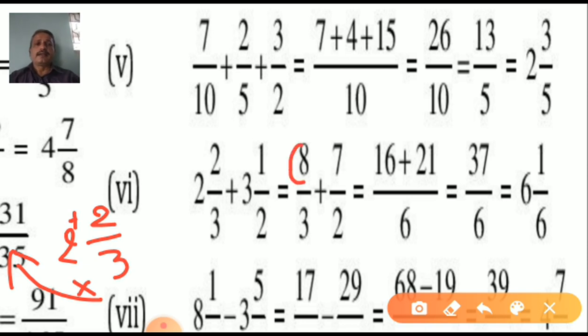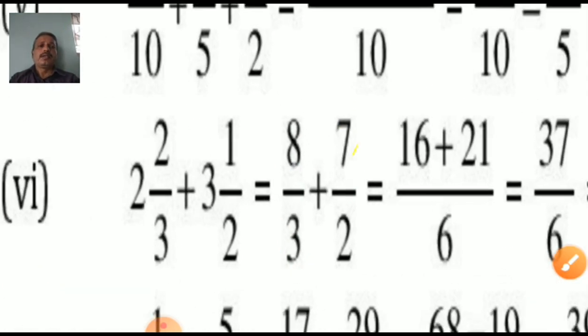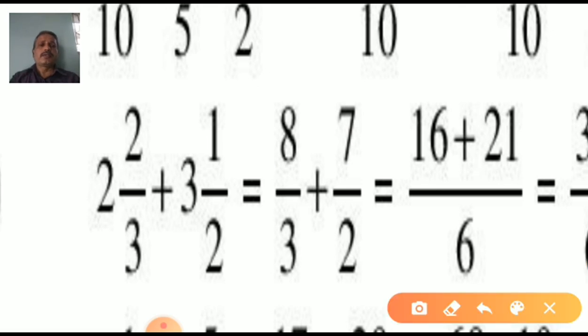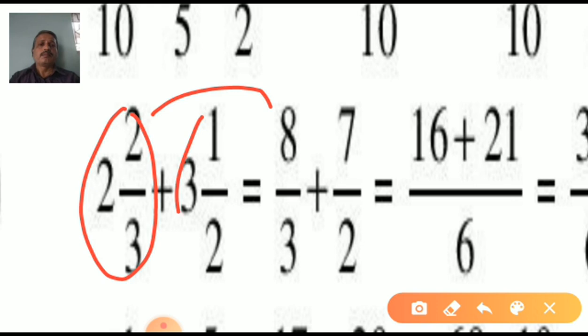Yes, 8 is here. Good. And who is the denominator? 3. It will remain as it is. Same way for here. 3 2s are 6 plus 1, 7. Yes, 7 upon 2. So here the first step you can clarify. From here to here, this number will become this one, and this number become this one. Understood, student?